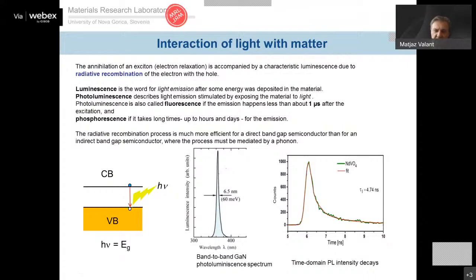In other words, the lifetime of the exciton is below 1 microsecond. While phosphorescence takes much longer time. It can be up to hours or days. And by the rule, these phosphorescence emitters are indirect semiconductors.